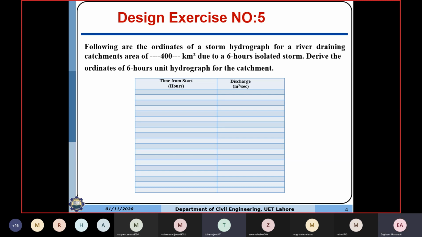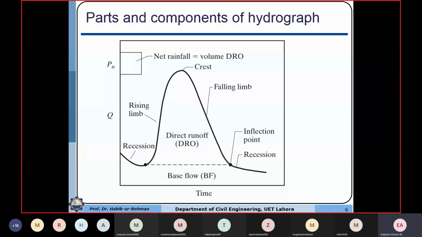Yes, the minus 6. If you look at this hydrograph, this is the discharge versus time relationship. On the y-axis we have discharge, on the x-axis we have the time. Now, normally the rainfall starts at time zero. This is the normal trend we take, that when the time is zero on the x-axis, it means it is the start of the rainfall, and up to 6 hours the rainfall continued.